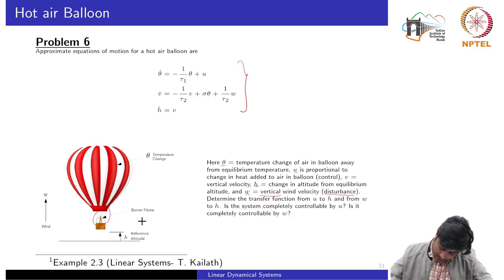First of all we need to determine two transfer functions from both the inputs, where u is in fact a control signal and w is a disturbance.